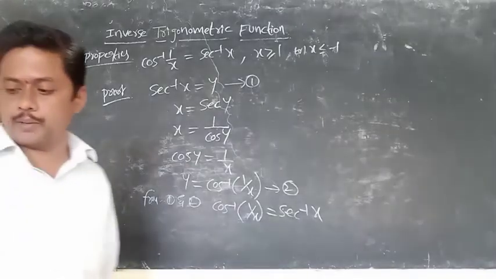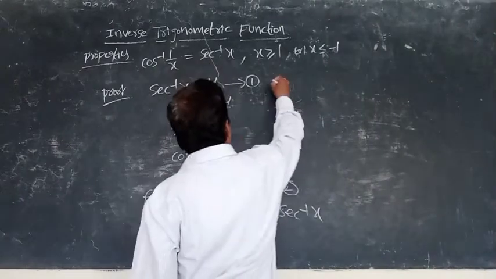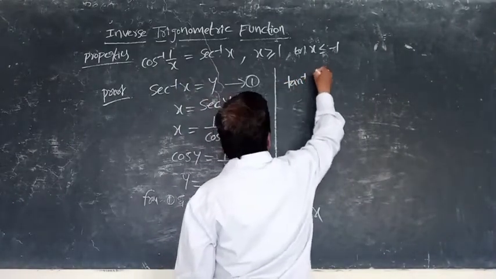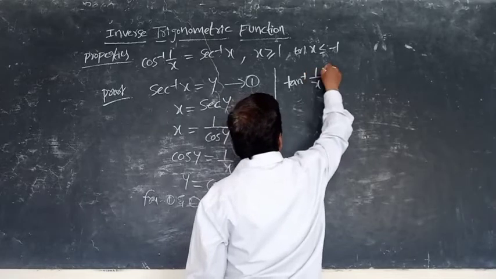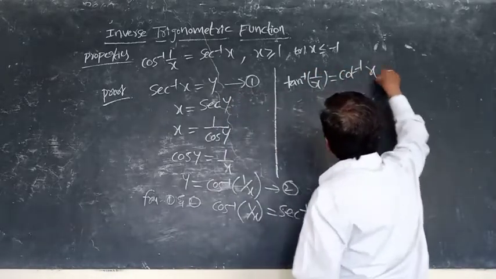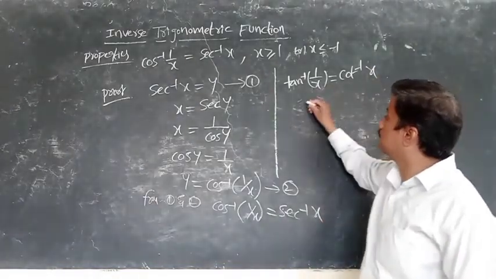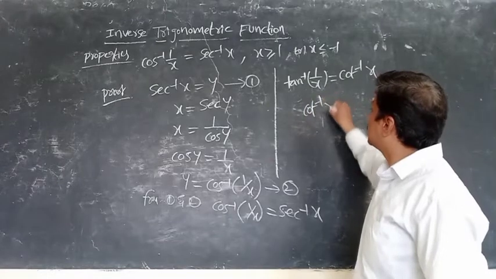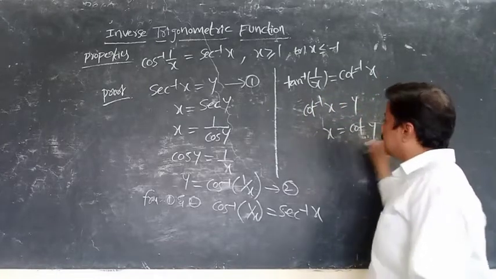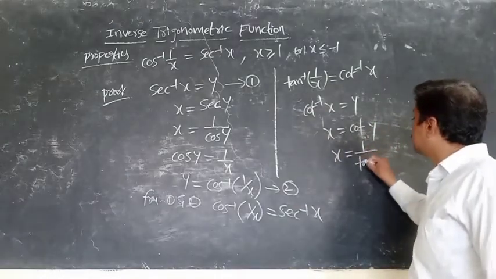Another property is also there: tan inverse of 1 by x is equal to cot inverse of x. You have to do this one as homework. First, consider cot inverse of x is equal to y. Then x is equal to cot y, which means 1 by tan y.